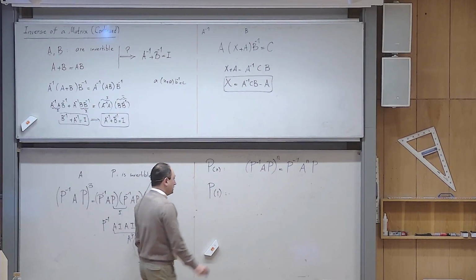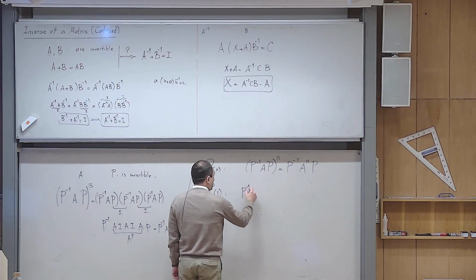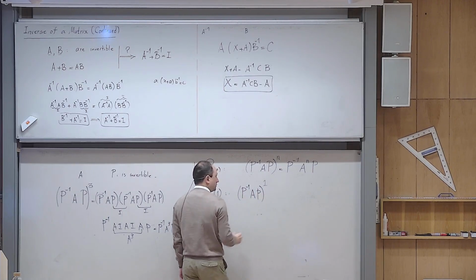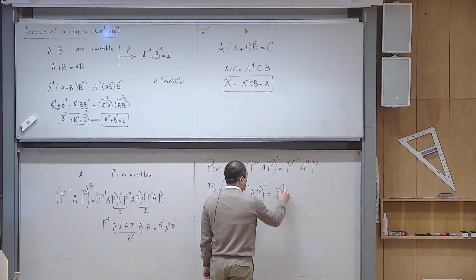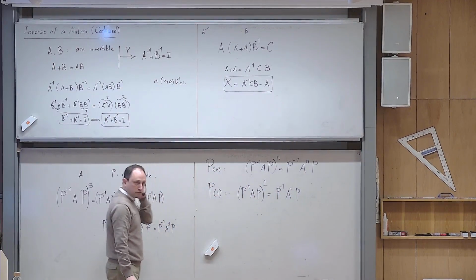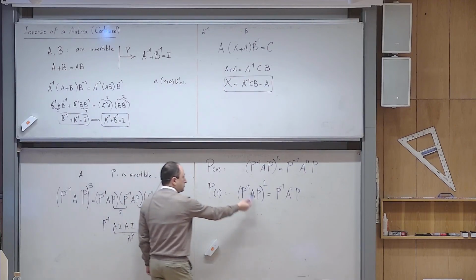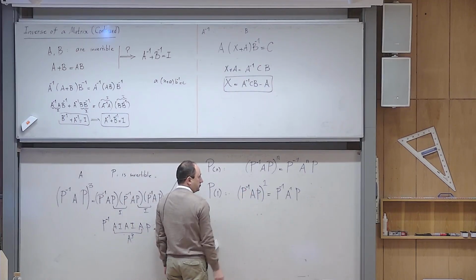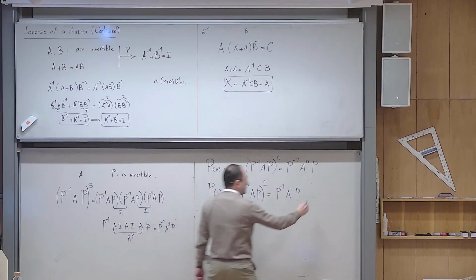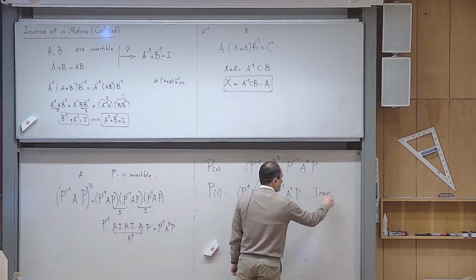It means that I have to see if this statement is true. I replace every appearance of n with 1 everywhere. So is this true or false? This matrix to power 1 is P inverse A P, and A to the power of 1 is itself, so that is trivially true.